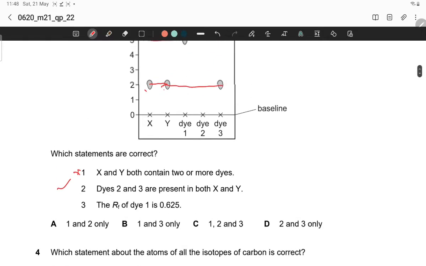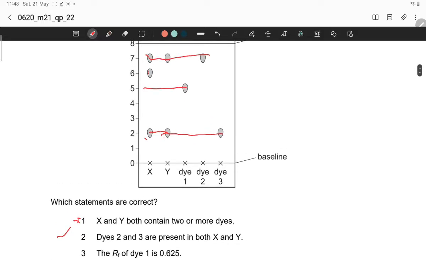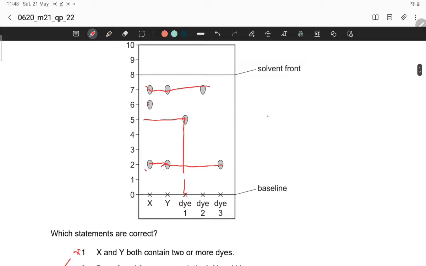The Rf of dye 1 is 0.625. To calculate this, Rf is the distance traveled by dye 1 divided by the distance traveled by the solvent.